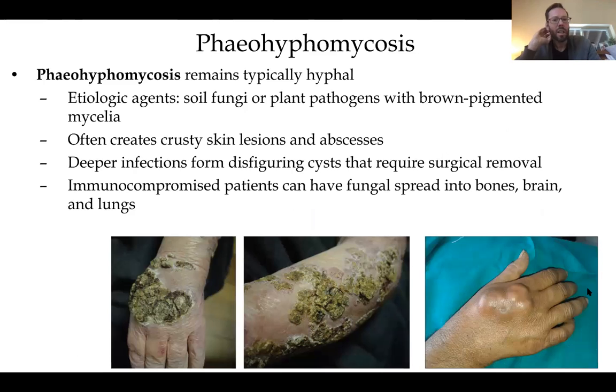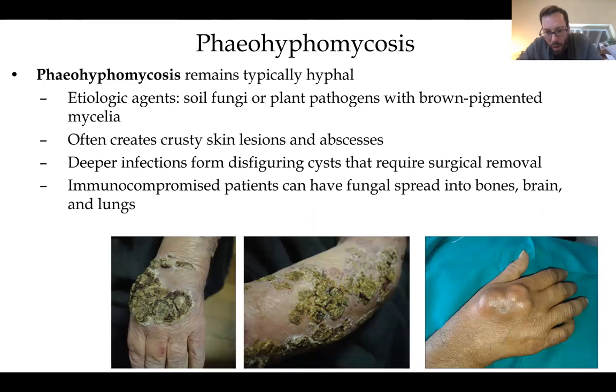Phaeohyphomycosis is going to be a fungus that is typically hyphal. Okay. So that means it's not often a dimorphic fungus that can be inhaled and turned into a yeast.